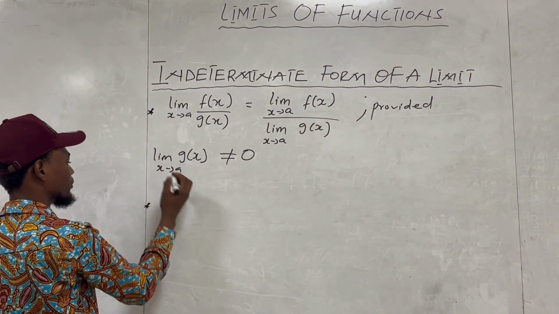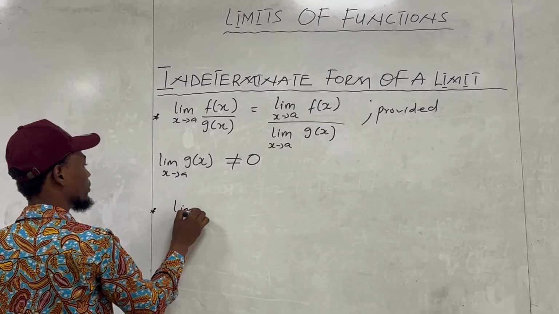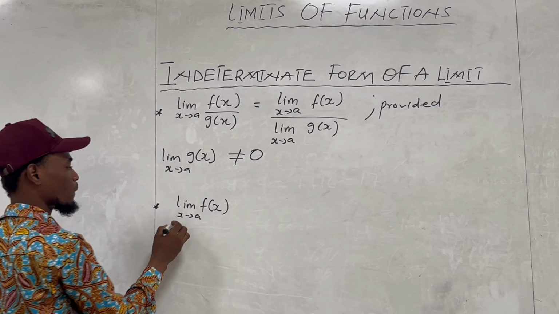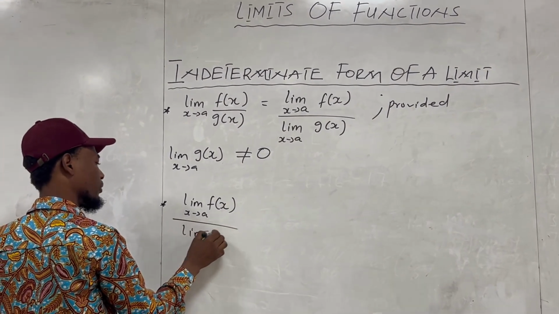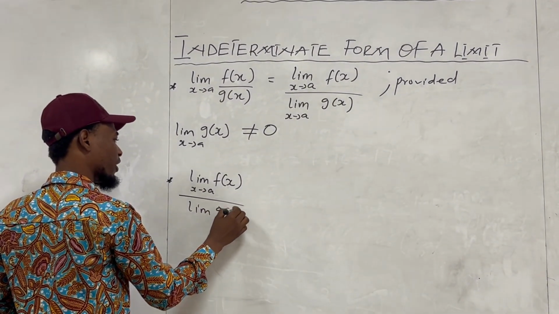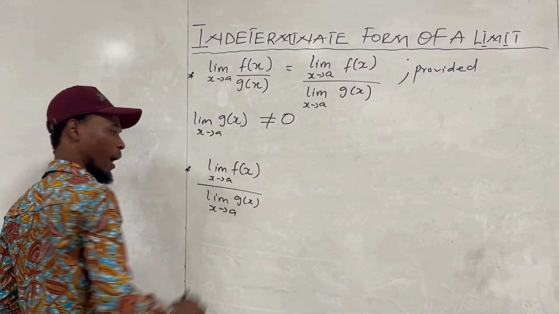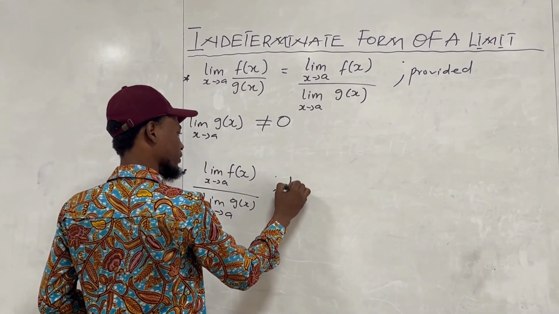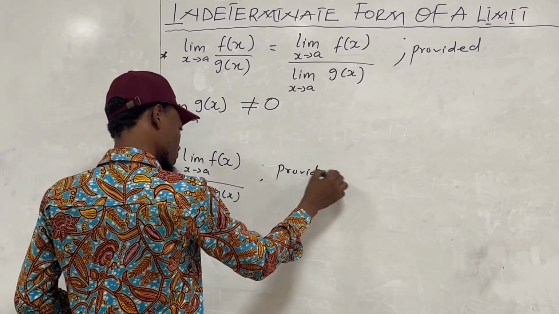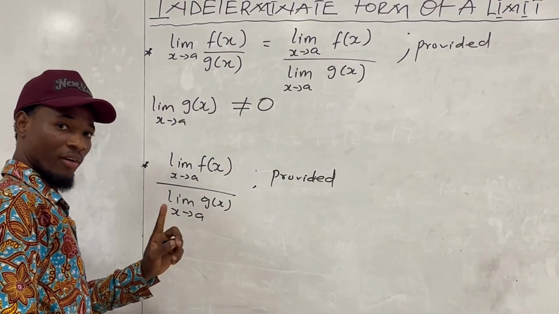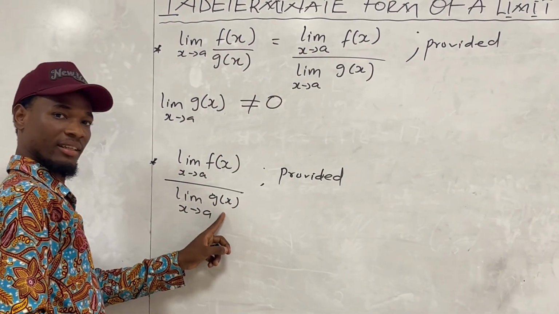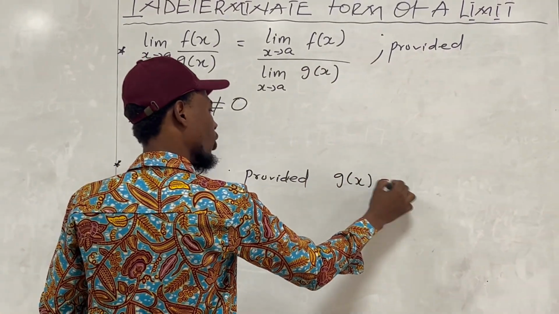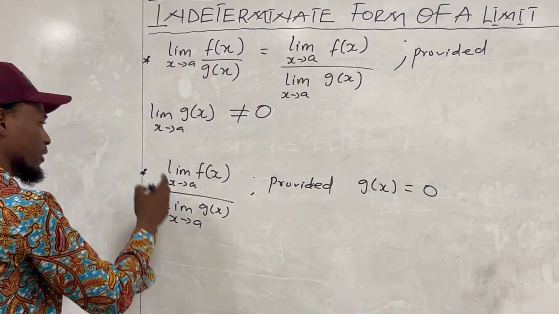When I have the limit as x approaches a of f of x all over the limit of g of x as the same x approaches a, and provided the denominator g of x is equal to 0, what happens?